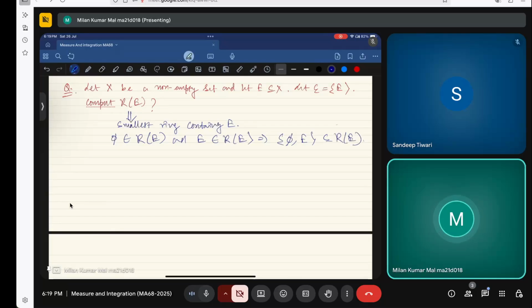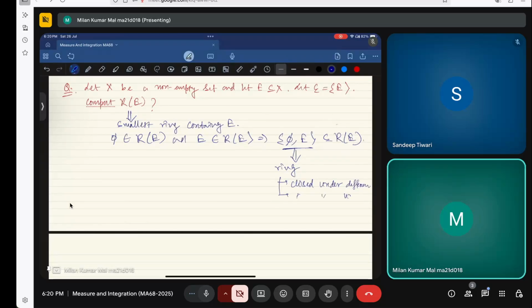Does there exist any other possibility needed to satisfy the conditions? Let's check that this is a ring. Why is this a ring? Because it is closed under differences and closed under union.